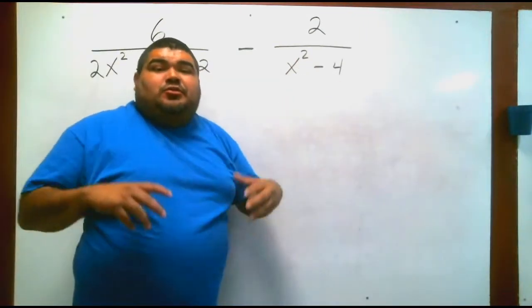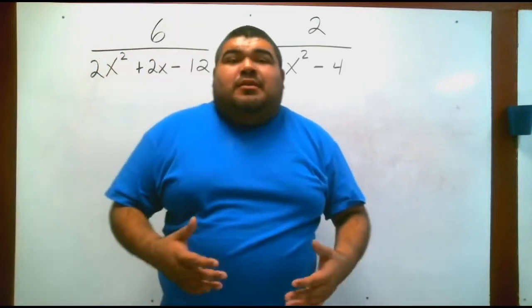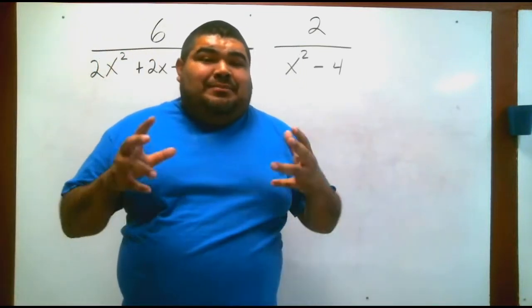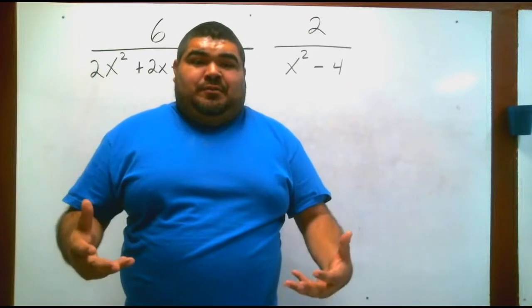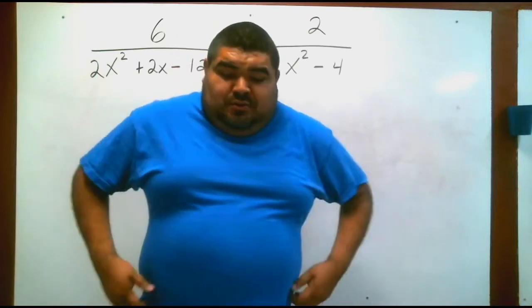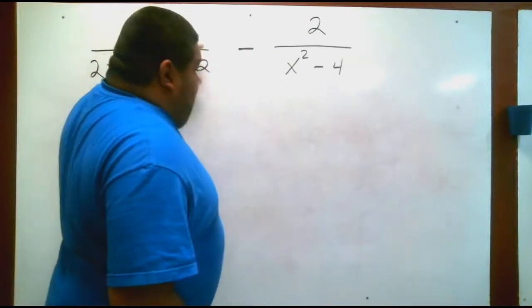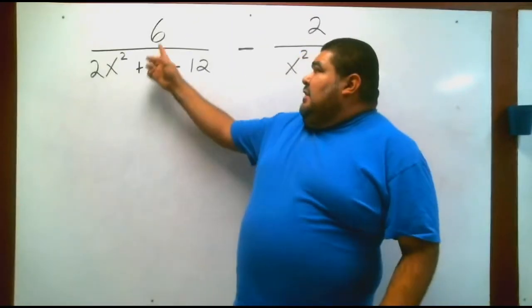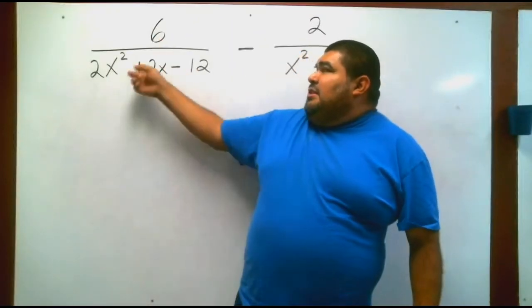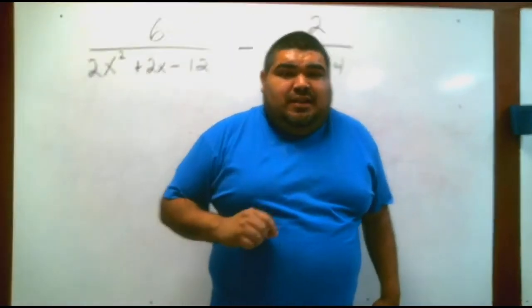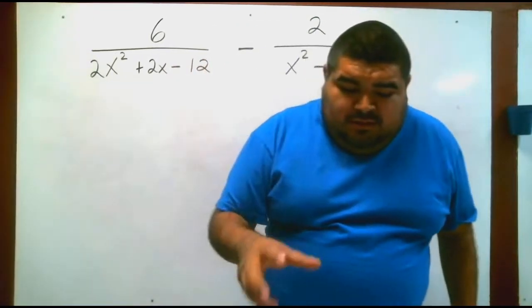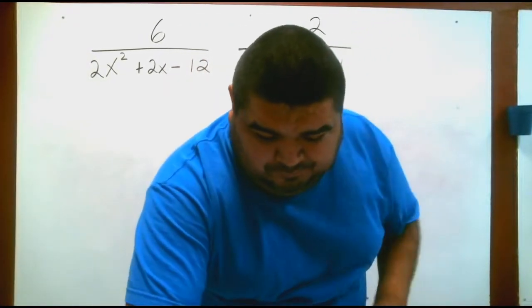All right, so in order to solve this problem, always make it into the simplest form, okay? So let's start off focusing on this first part, the 6 over 2x squared plus 2x minus 12, okay? We're going to focus just on that part for now.